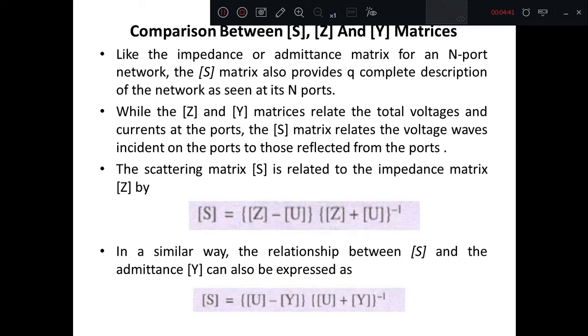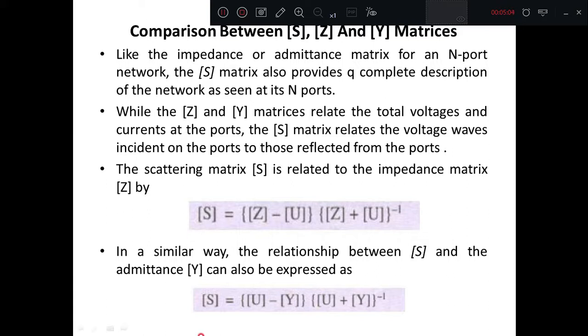If I say on the port, it is the incident voltage wave on the input port. If I say the reflected voltage, it is from the output port to the input port, right? So this is the second comparison between Z, Y and S.